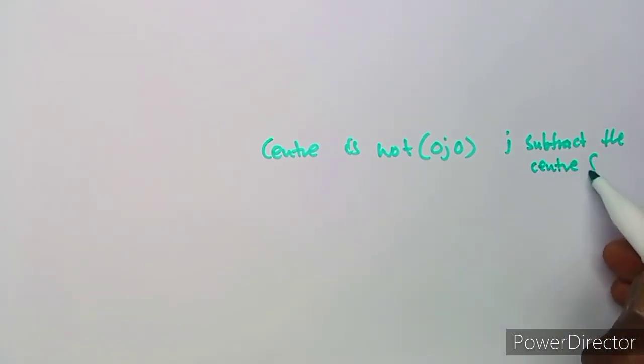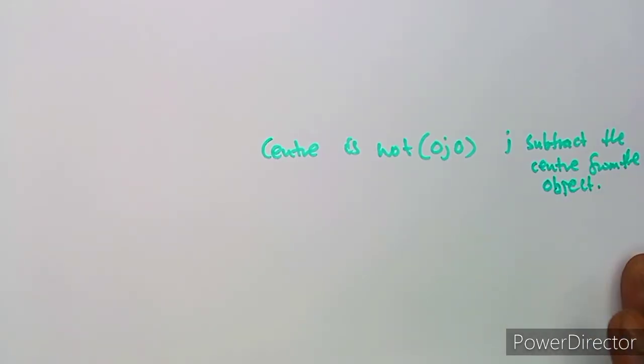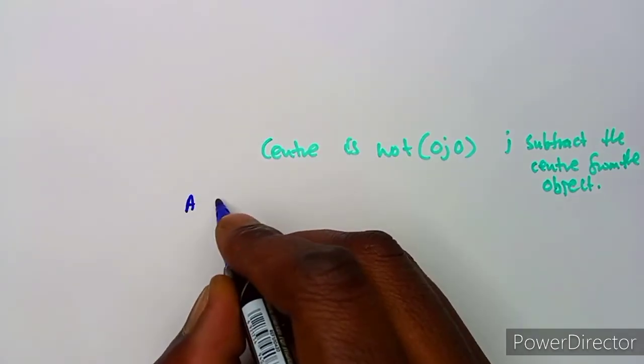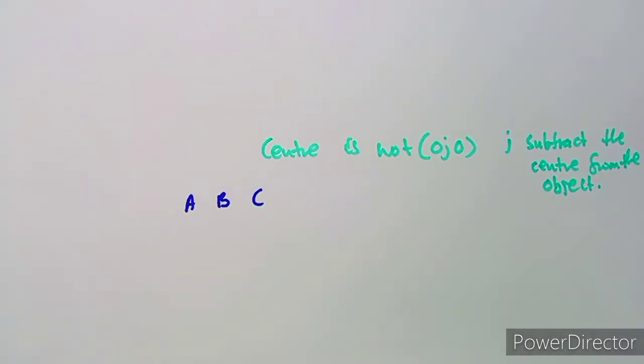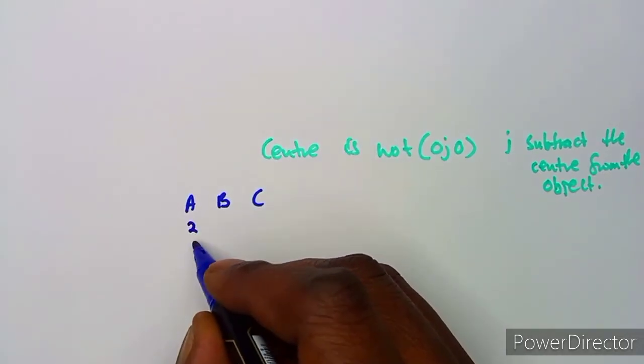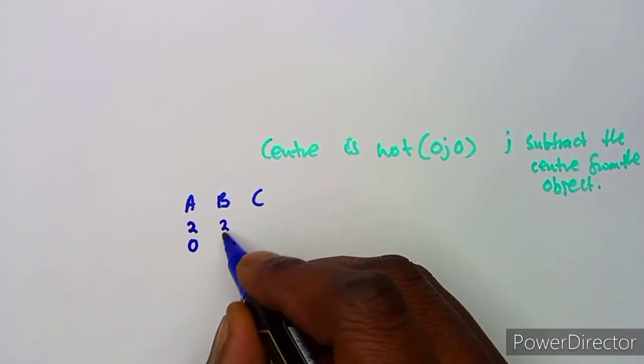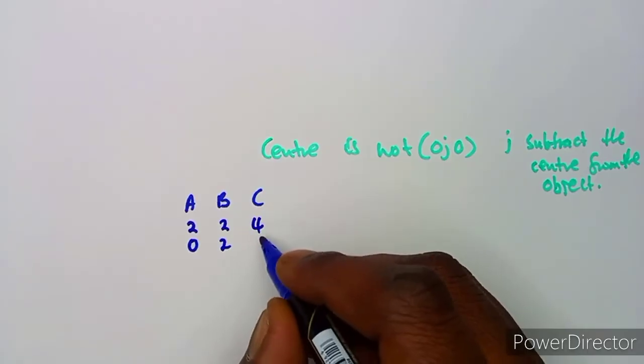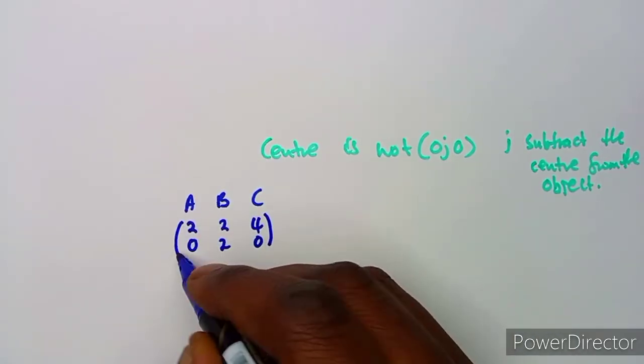This is our object ABC, so we take those coordinates as we just did last time, ABC as they were. Your A is 2 0, your B was 2 2, your C was 4 0. So this is your object.